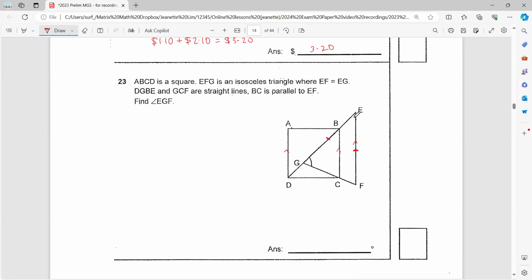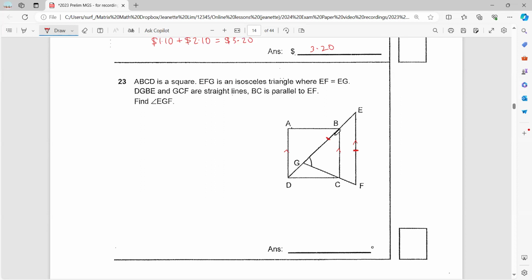In order to find this angle here, this is an isosceles. This angle is the same as this, right? So you just need to find this angle over here. Now, it seems like none of the angles are given, but in a square, one corner will be 90 degrees. So if you cut diagonally across like that, it cuts the right angle into half.